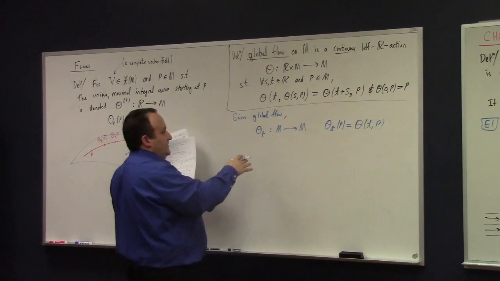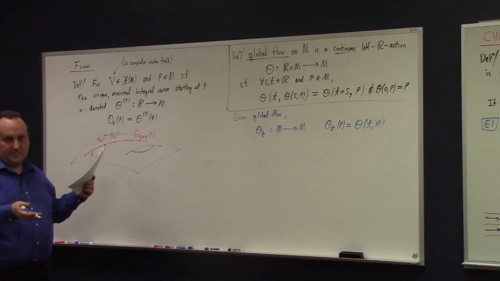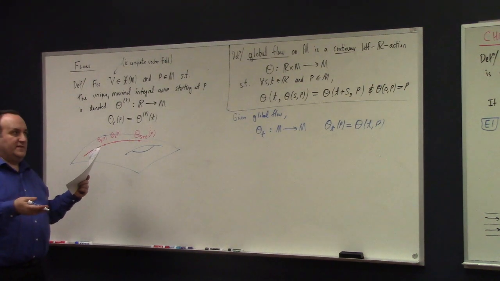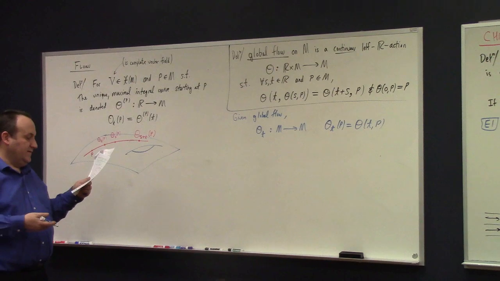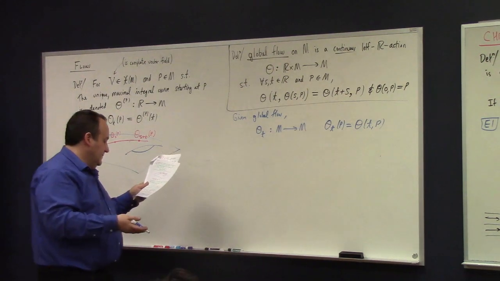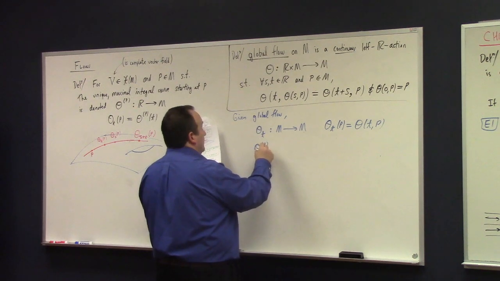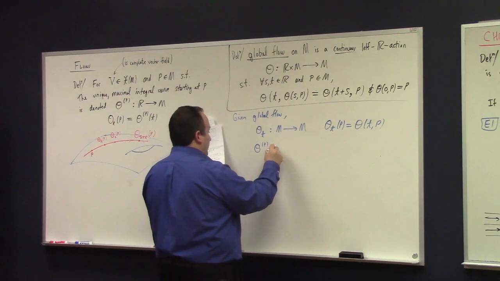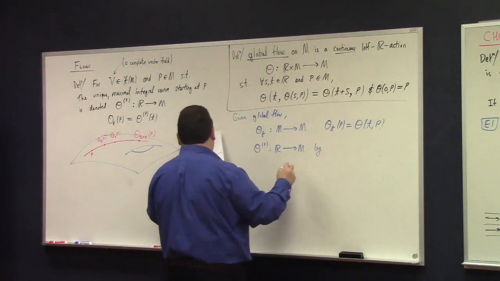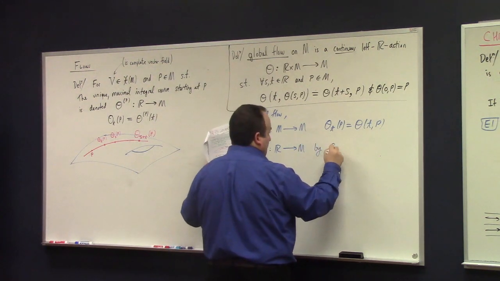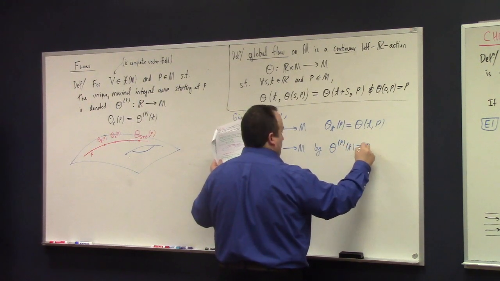And if it's a continuous action, that means theta t is a homeomorphism. If it's a smooth left R action, that would make theta t a diffeomorphism. And we can also define theta upper p from the reals to M by theta upper p of t equal to theta of t comma p.